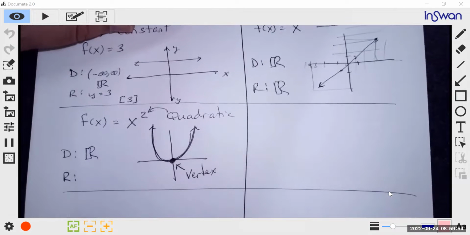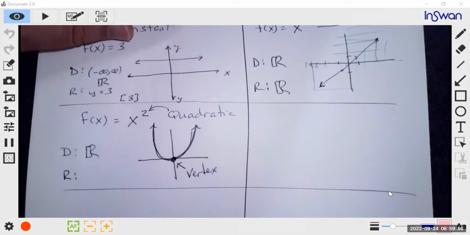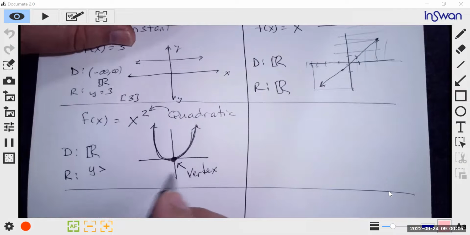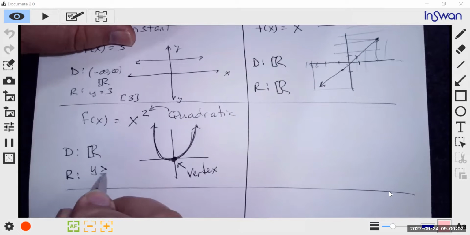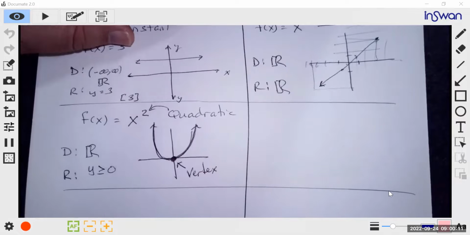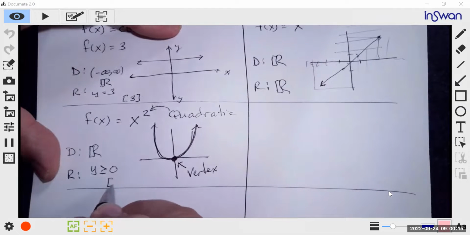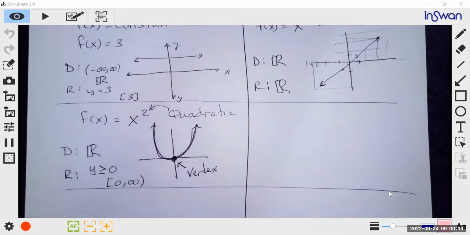What are the possible y values? All real numbers? And y can't be negative. So the smallest it could be is 0, and it can go up from there. So y is greater than or equal to 0. Or I could put the interval notation 0, infinity.